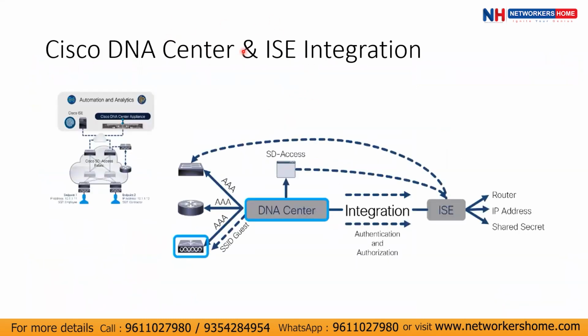Cool. Now, the integration is really important between your Cisco ICE and your DNA Center. So your ICE has so many capabilities, and initially it will be acting as a AAA server for your endpoints. And once you do the integration, it will also be used for authorization.